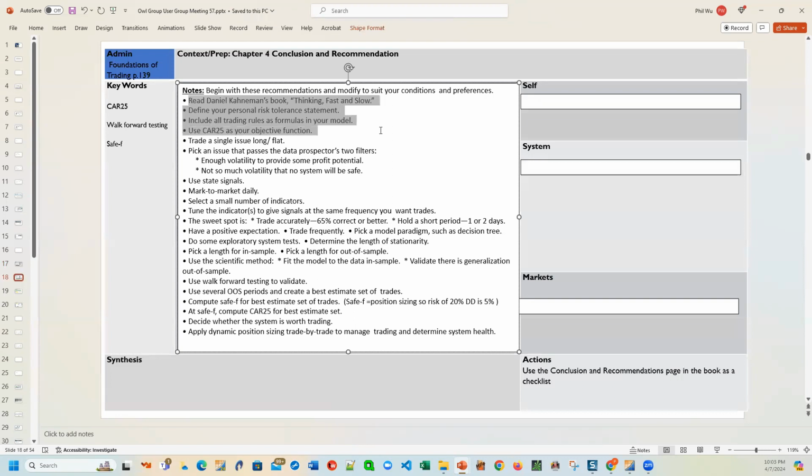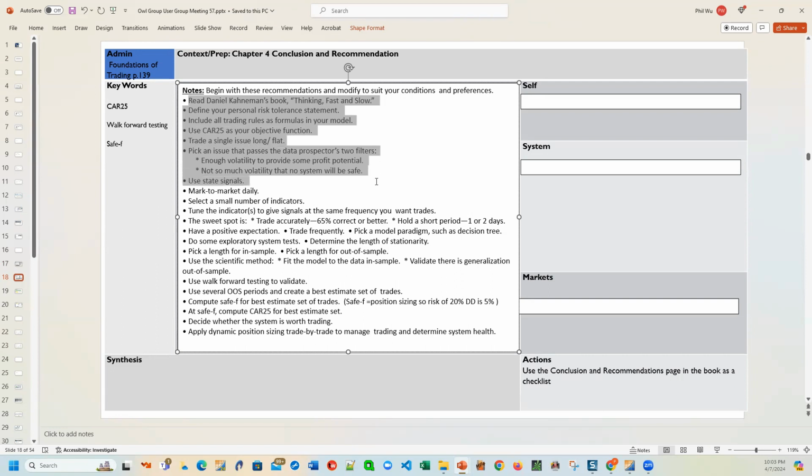Use CAR 25. Trade a single issue, long or flat, so you're either long or out of the position. Pick an issue that passes the data prospector's filter: enough volatility, but not too much volatility.